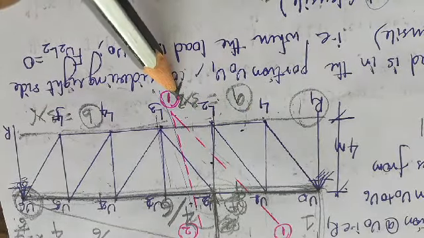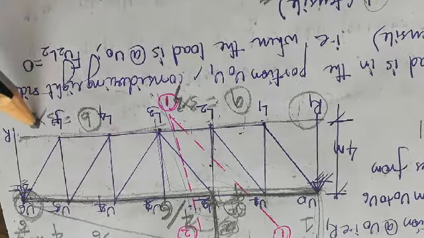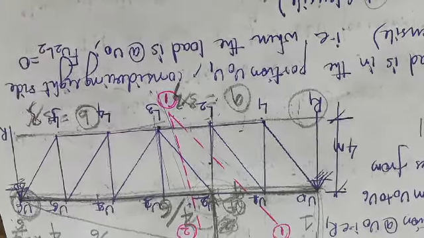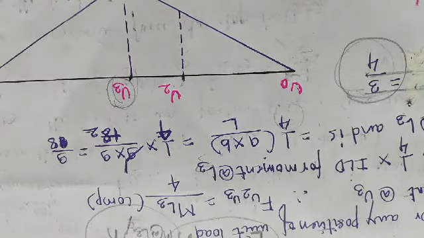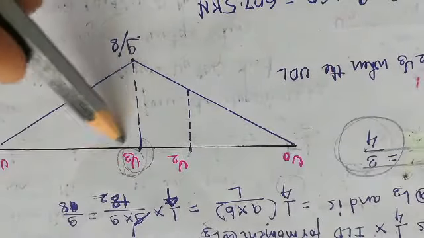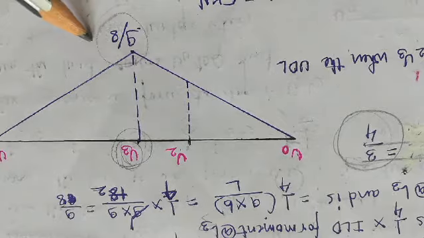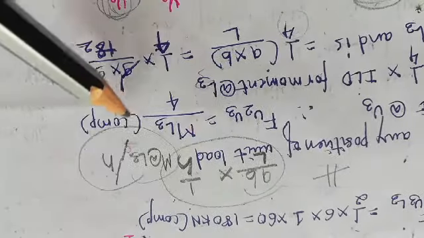So 3 parts of 3 meters, and on the right hand side 3 parts of 3 meters. If you solve for that, you will get 9 by 8. So at U3 you are having the ordinate as 9 by 8 and it is compressive in nature.